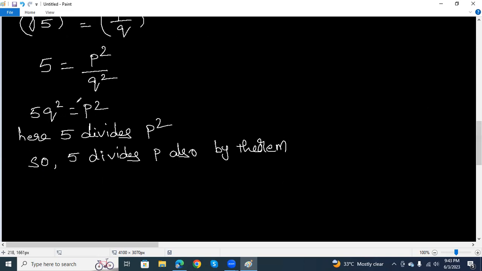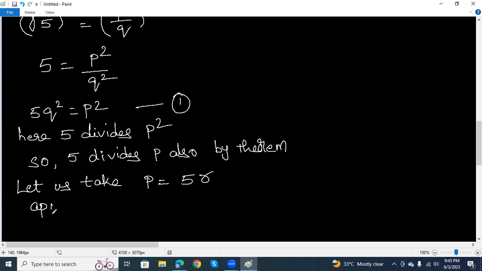We don't know this p, so let us assume this p value as some constant. Let us take p is equal to 5r. Now substitute in equation 1.